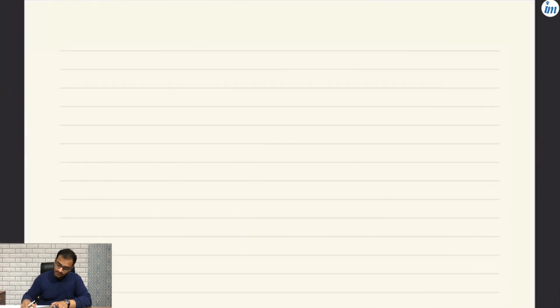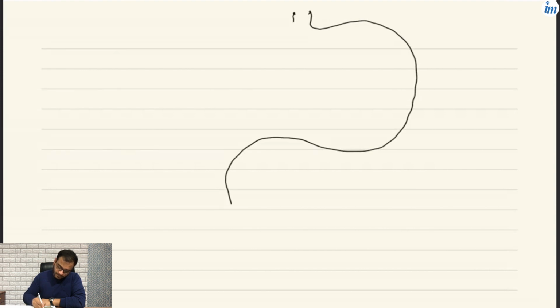So this is the basic anatomy of the stomach. Now we need to know about the branches of the celiac trunk and mainly the blood supply of the stomach. So let's begin again. So friends, from the abdominal aorta, the major vessel of our body, we have the celiac trunk.